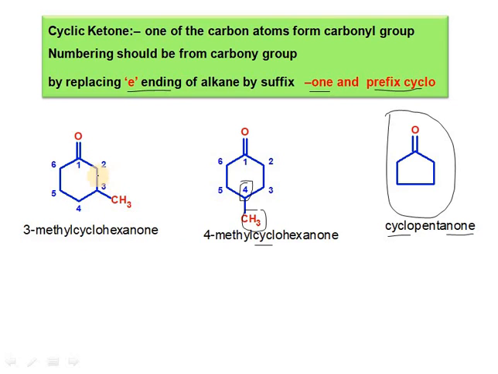Next molecule we see here. The functional group, this carbonyl carbon, is here. Therefore numbering starts from this ketonic group, and hence numbers go like this: 1, 2, 3, 4, 5, and then 6.